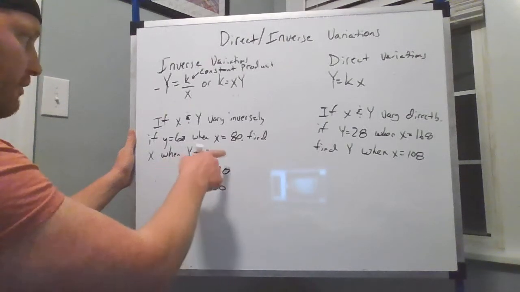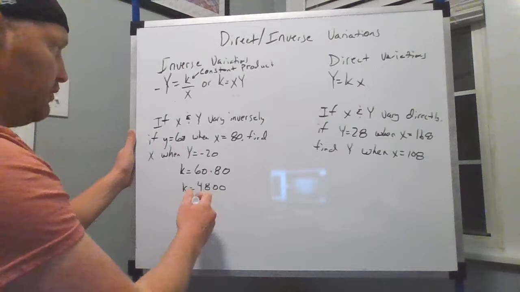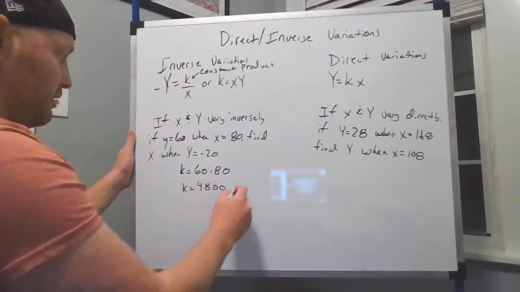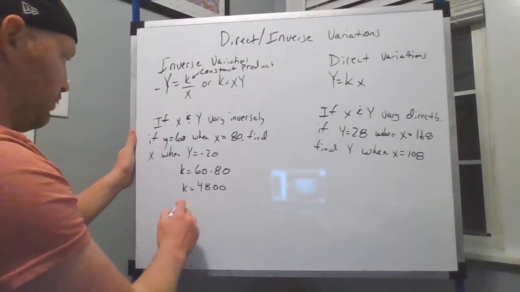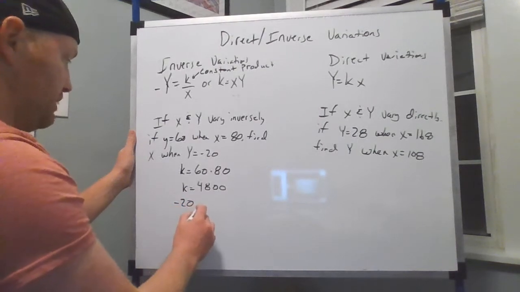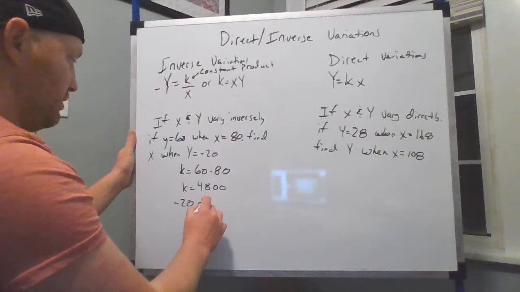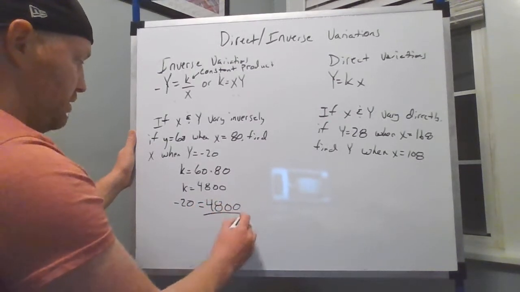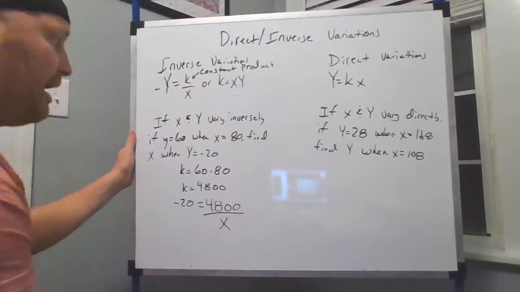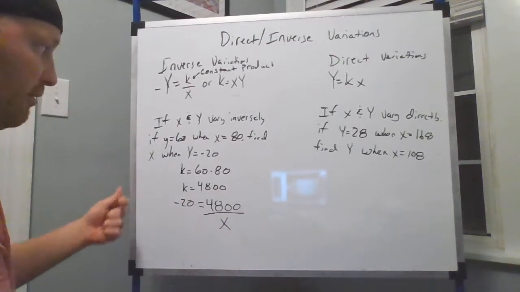Now we got to solve for x when y is -20. Go back into this. So now I'm going to go right here. You see this? So I got y is -20 equals 4,800 over x. And now, this is one extra step compared to before.